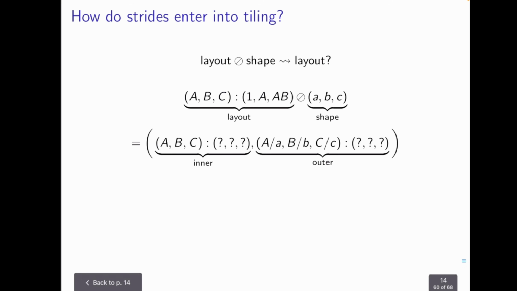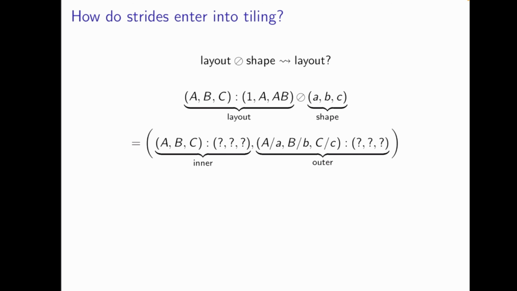So now the question is, if I take capital A, B, C with the standard layout left, the generalized column major one, so 1, capital A, B, and I want to tile that by a shape that is little a, little b, little c, what is the resulting stride of the inner part, and what is the resulting stride of the outer part? That's the question I'm going to try to answer now.